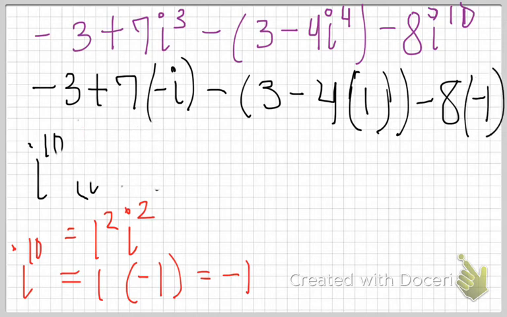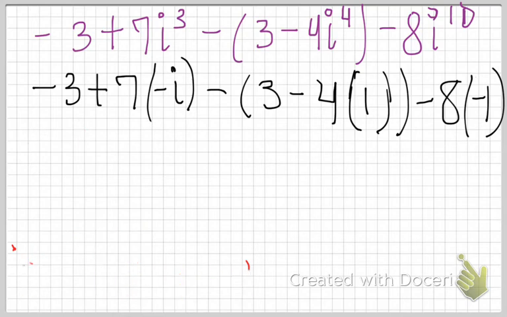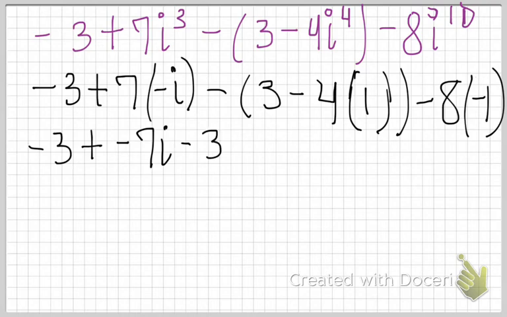Let me erase this here so that way I can clear up the work. Now I apply orders of operations. Orders of operations state parentheses first. So negative 3 plus, here's my first parentheses, negative 7i. My second one, I need to distribute the negative. Negative 3 plus, and then here's an inner parentheses, 4 times 1, which is 4, plus 4, my second parentheses, negative 8 times negative 1 becomes positive 8.